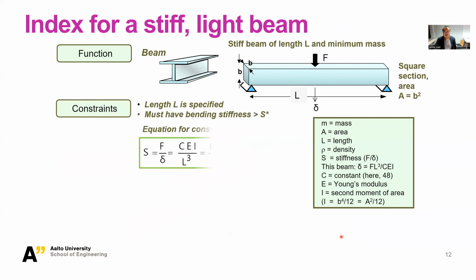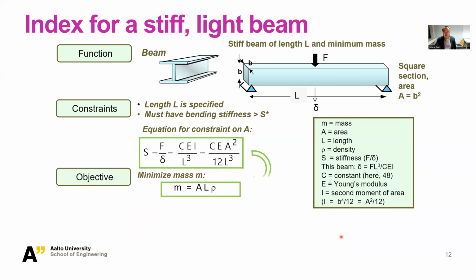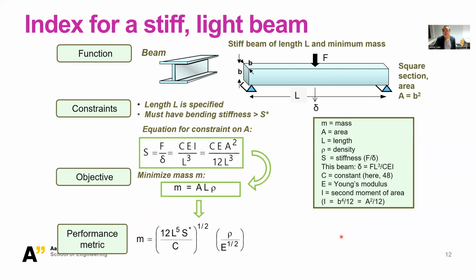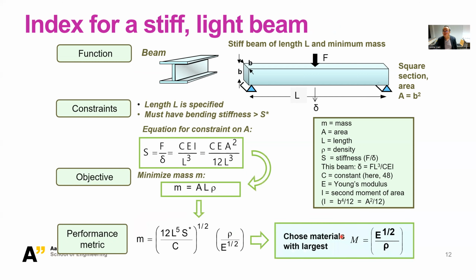Here I'm going to show you a little bit faster how the material index for beam bending stiffness is derived under the objective to minimize mass. The concept is exactly the same. Here you need to familiarize yourself with how this equation is written.